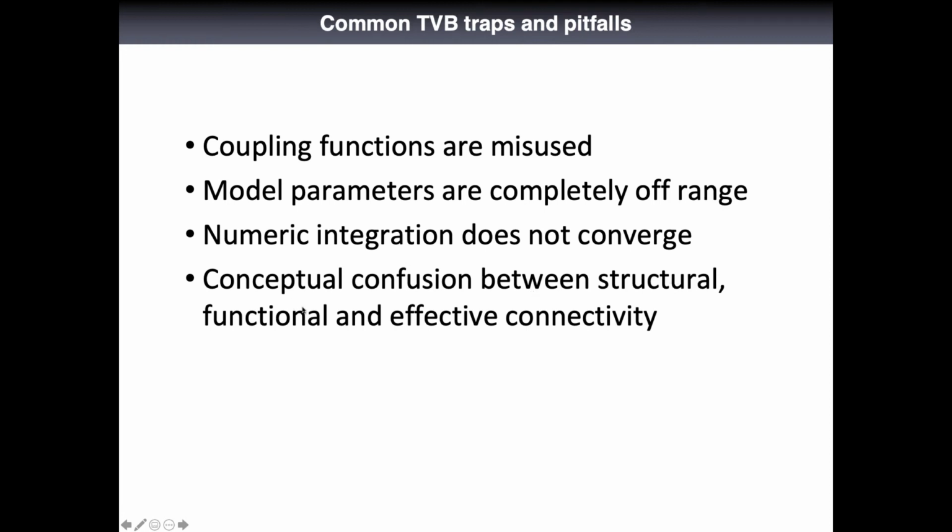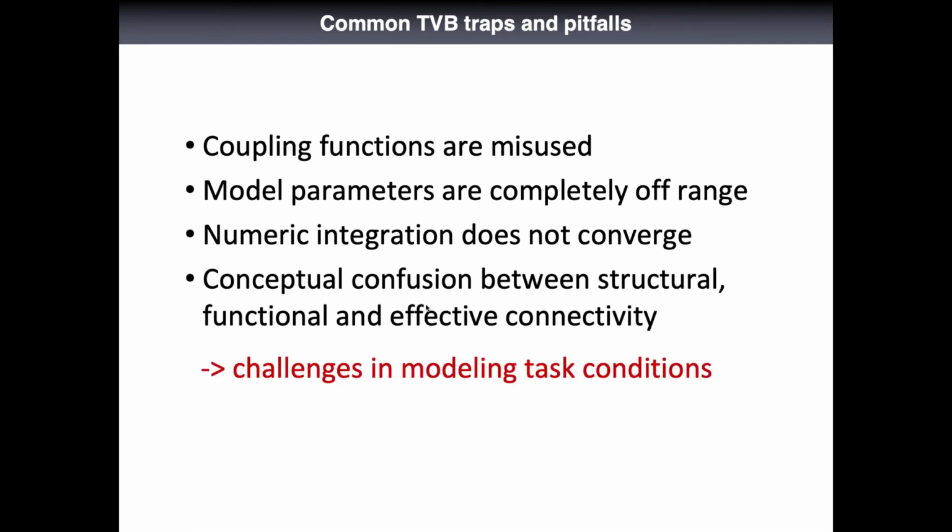Structural is what we get from the white matter tracks, as we discussed. Functional refers to correlations we observe in data. Effective connectivity is when there are really two regions interacting dynamically. And it's very often that people confuse these things, and this is very often actually when people want to model task conditions in TVB, and they think that if they just connect the different regions in the brain through the structural connectivity, and then they turn on the button, they're going to see interesting task dynamics like vision, audition, or cognition, or whatever.